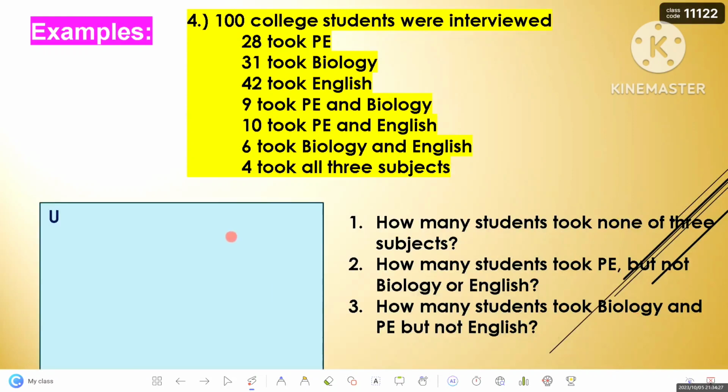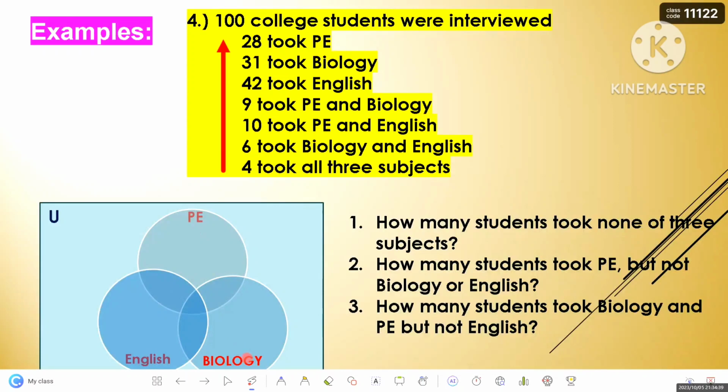While using this universal set, ilang circle meron dapat? So we have 3 sets because we have PE, English, and biology. Now, to answer this problem, we start at the bottom. Dito tayo magsisimula sa ilalim.